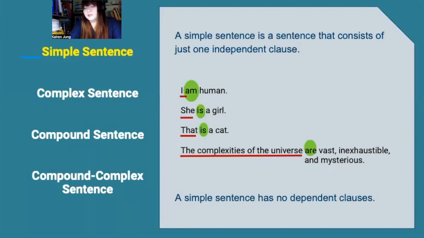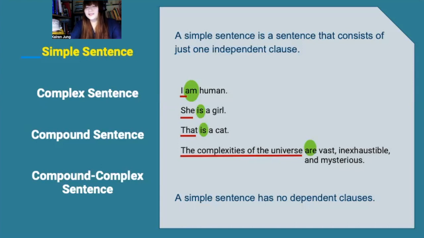A simple sentence is a sentence that consists of just one independent clause. For example, you have sentences such as, I am human, she is a girl, that is a cat, and the complexities of the universe are vast, inexhaustible, and mysterious.